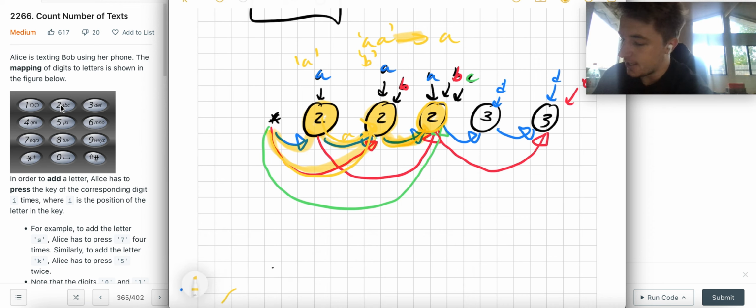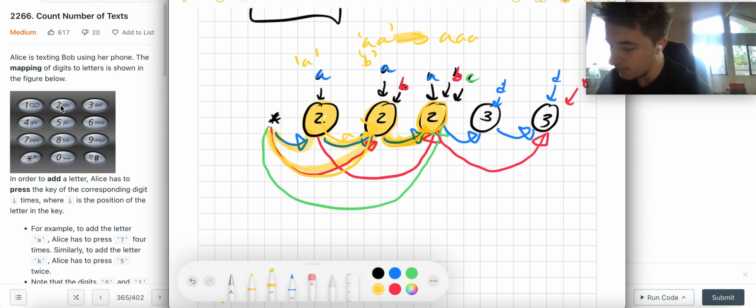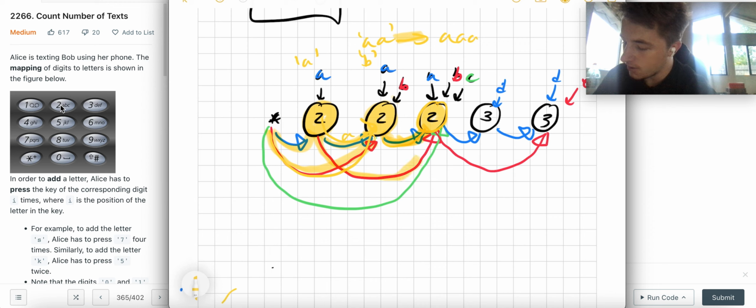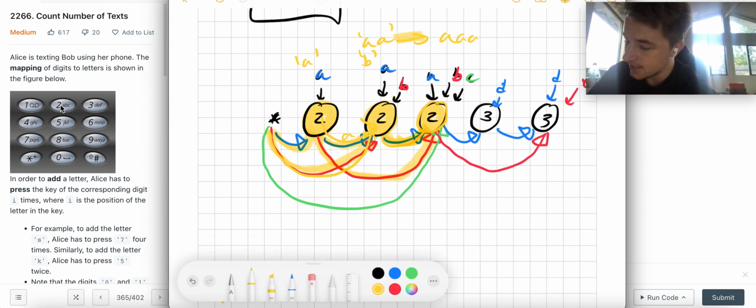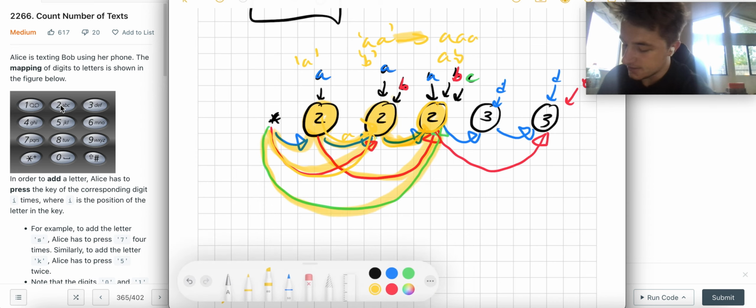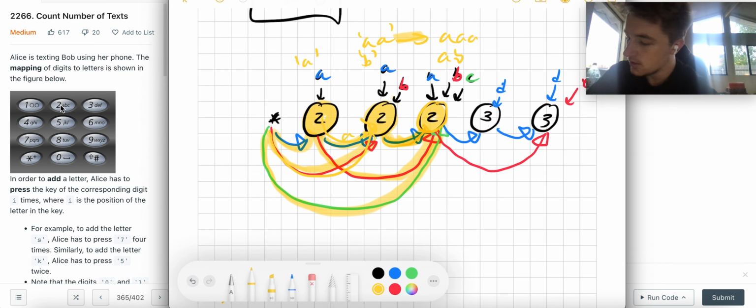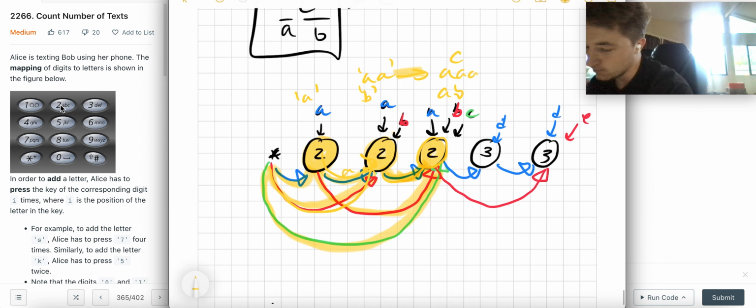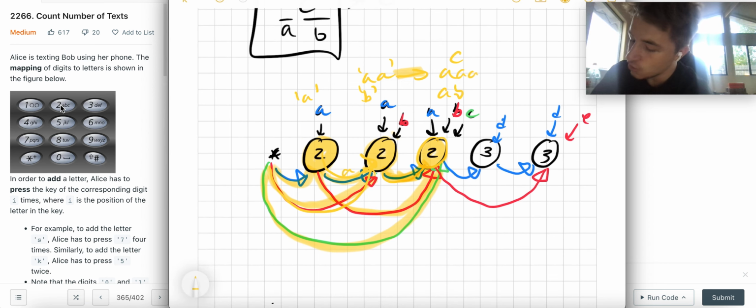If we get here from there, then this is A. If we get from the first node here using the red link, that's the AB case. And then if we use this final link, that's the C case, right? And this has two solutions actually.